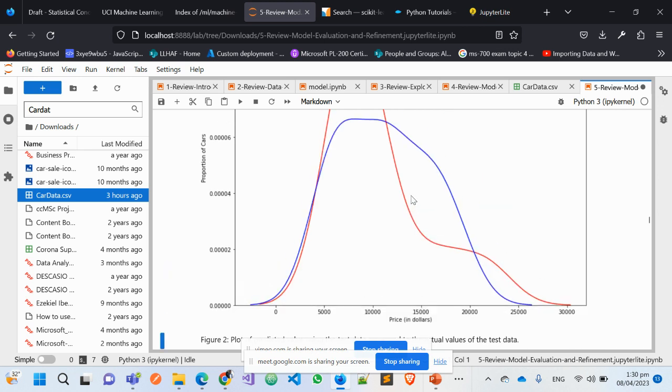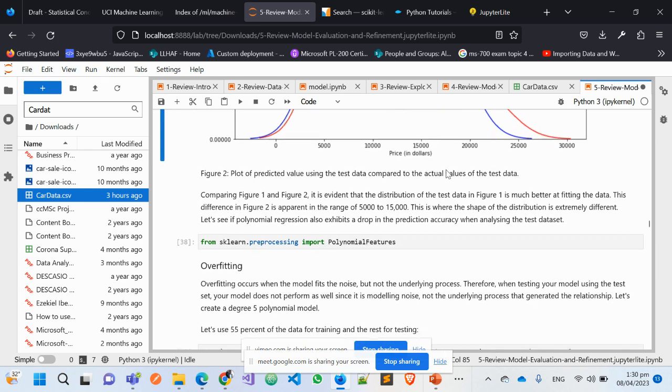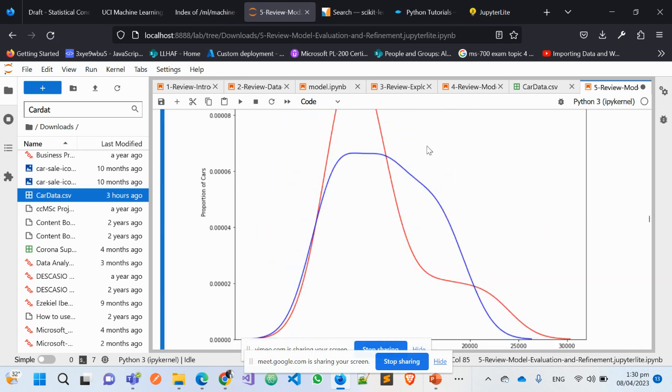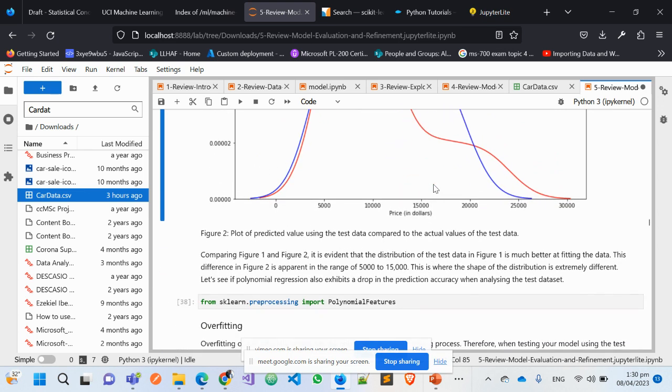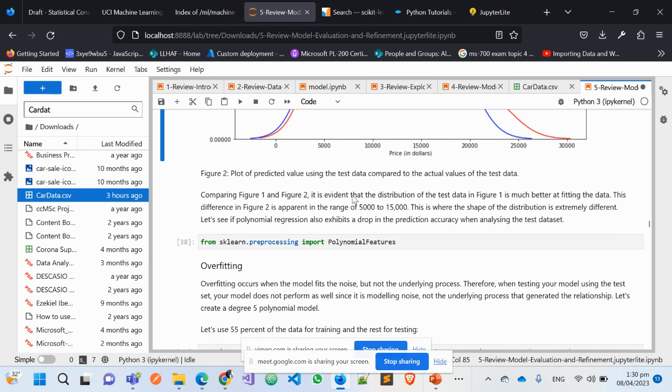Based on the visuals we have, the shape of the distribution is showing the difference in terms of aligning it with our predictor variable as well as the actual variable.